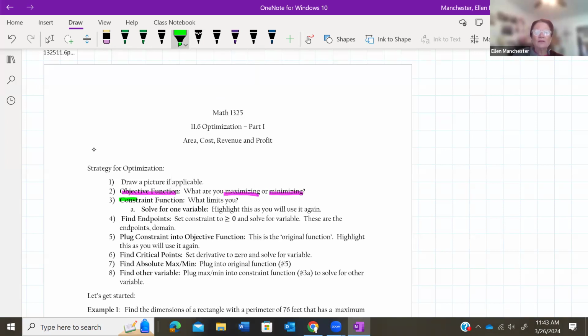The constraint is what limits you. It's what holds you back. In business, time will always hold you back. You just don't have enough hours in the day. Your materials will hold you back. The labor hours will hold you back. If you remember back in 1324, we did linear programming where you had to graph and shade.